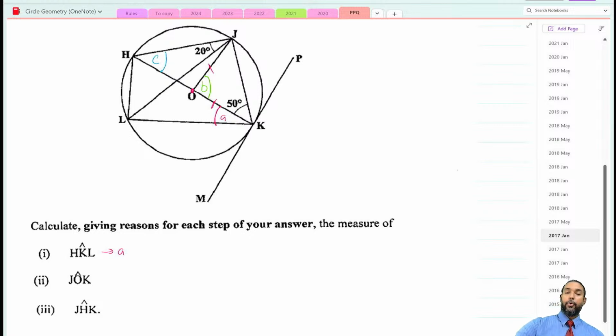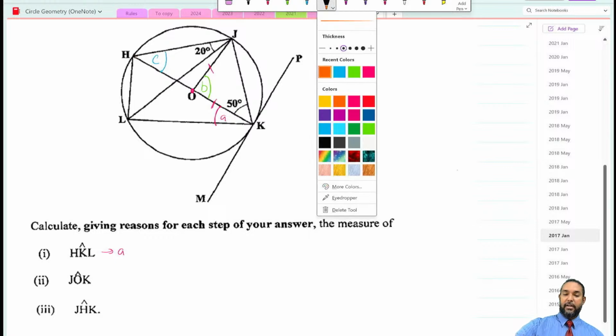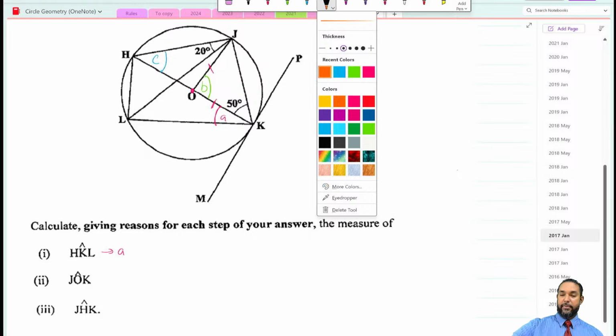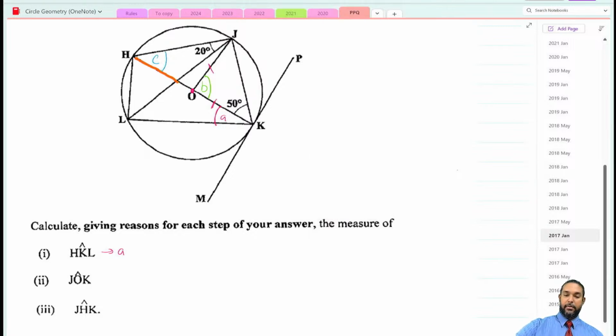All right. So O is the what of the circle again? O is the center. And if you have a line passing through the center, a straight line, what do you call that? Diameter, right? I don't know about isosceles, but I know that if you close it up here, you have a right angle triangle.